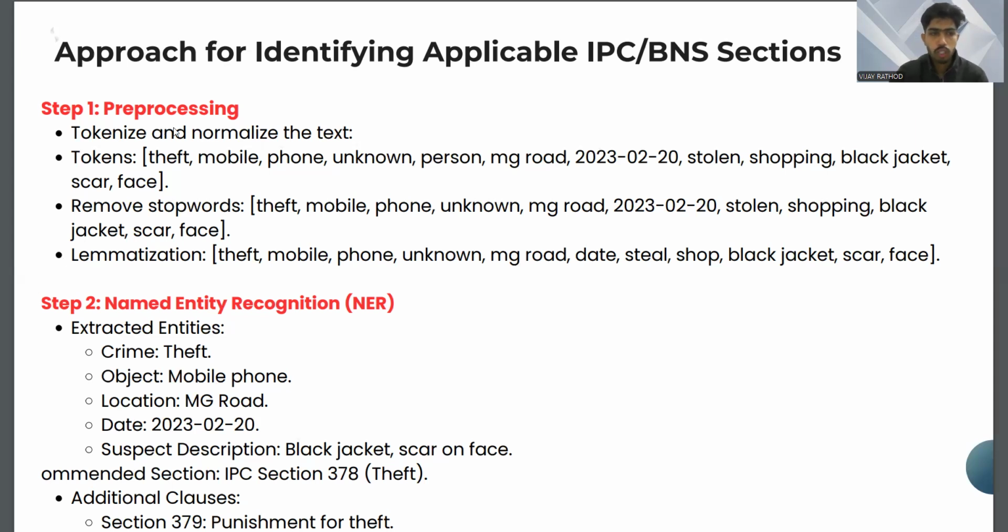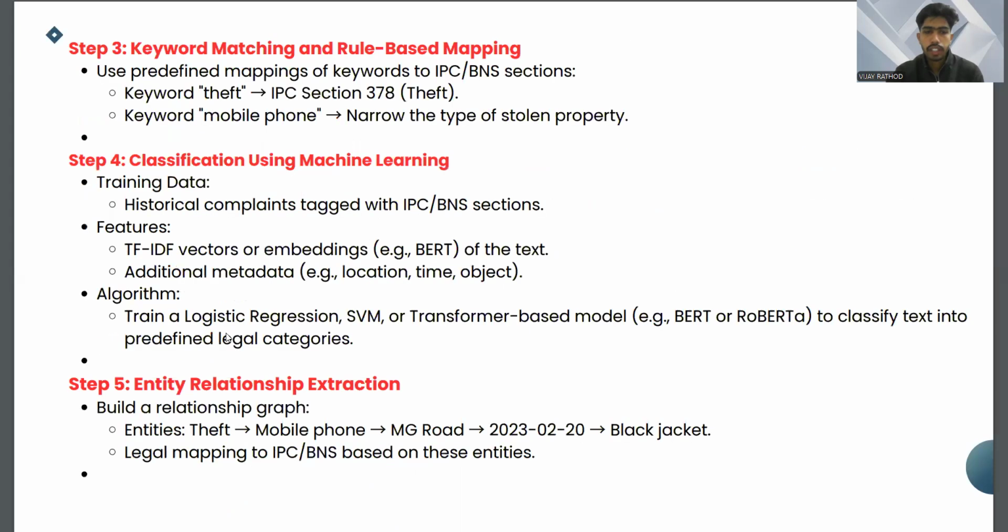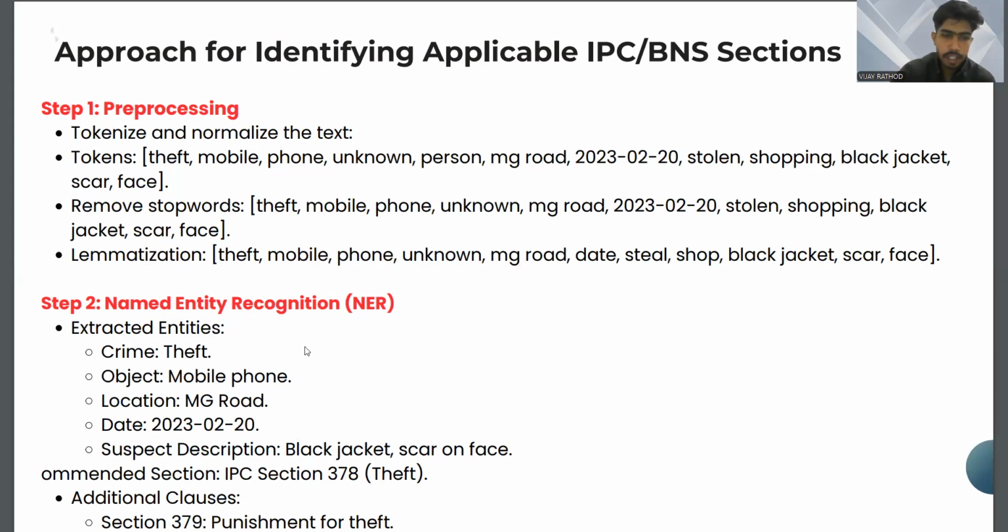The fourth step of preparing the data is lemmatization, which also keeps the words related to theft, mobile phone, unknown, MG Road, date, steal, shop, black jacket, and scarf face. Now the second step is named entity recognition, NER.